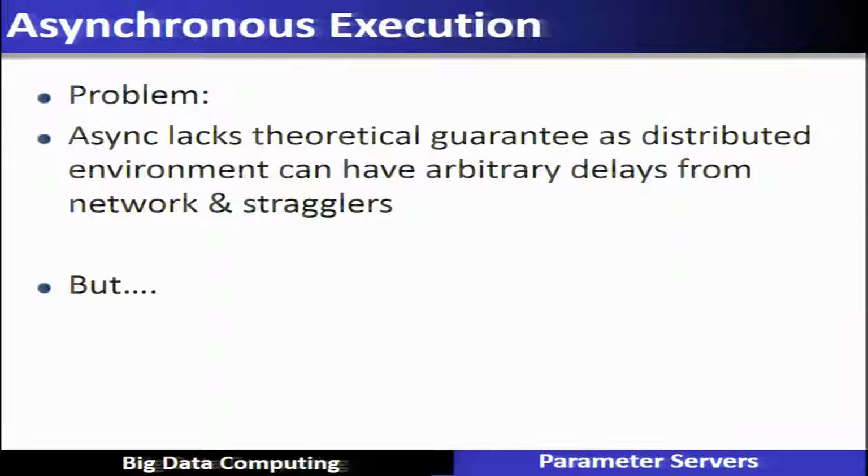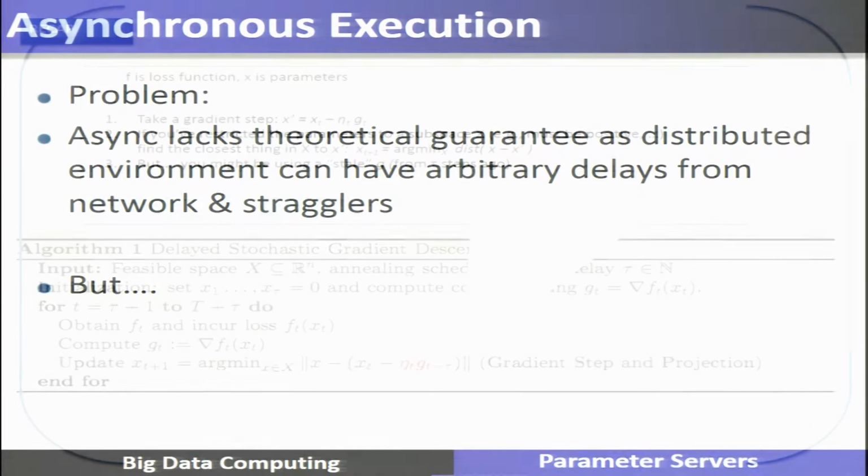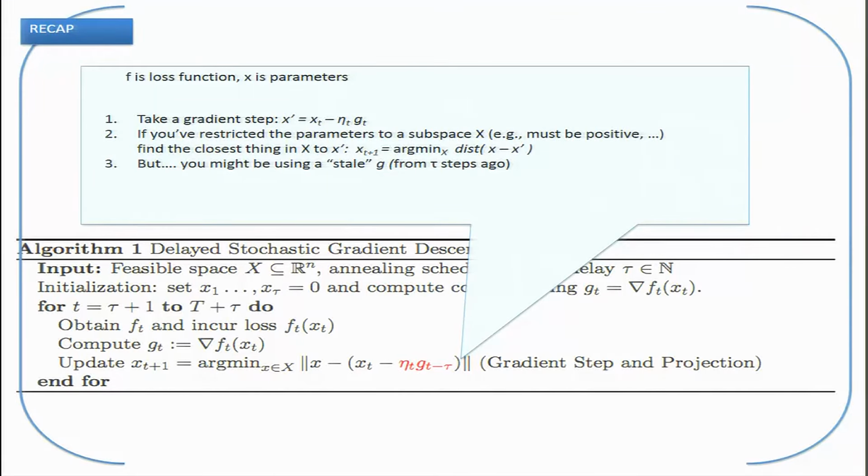Asynchronous execution lacks theoretical guarantees, as the distributed environment can have arbitrary delays from the network and stragglers. So if we look at a particular implementation of a scalable machine learning algorithm, let us say the delayed stochastic gradient descent algorithm, here f is a loss function and x is a parameter which is being computed in this algorithm and which is required to be updated.